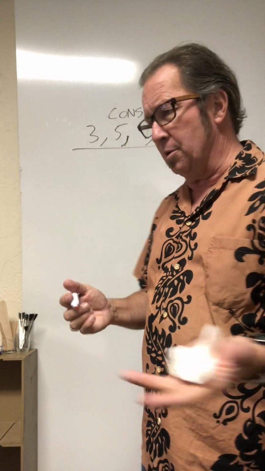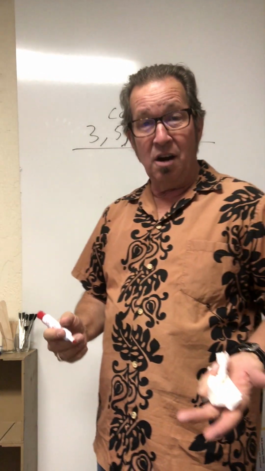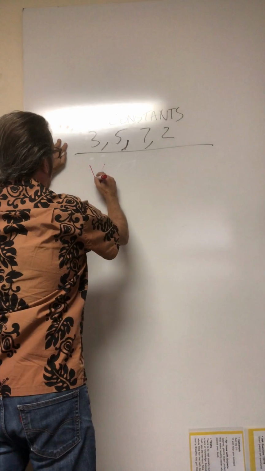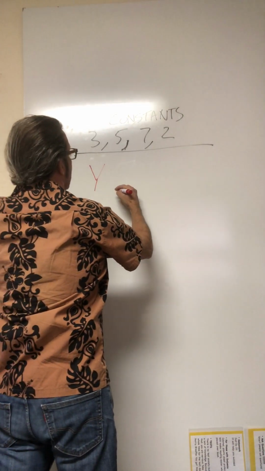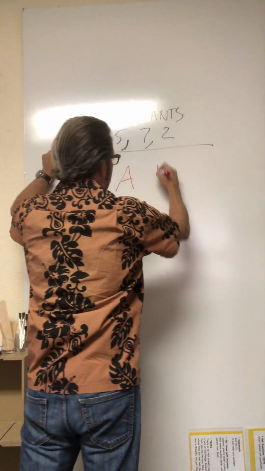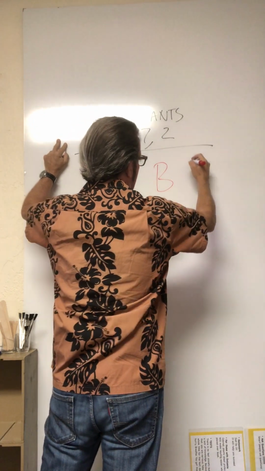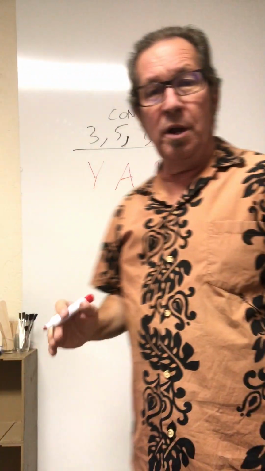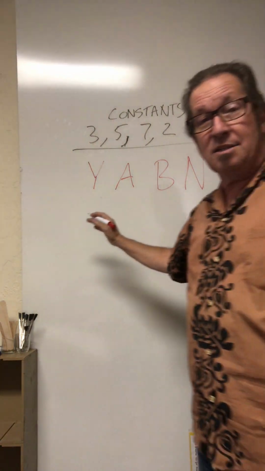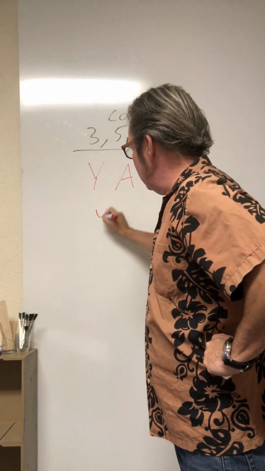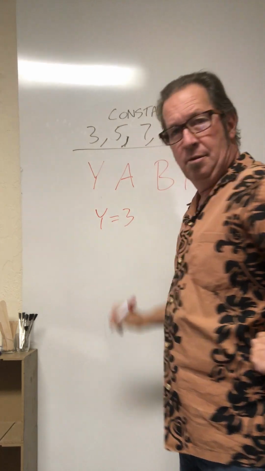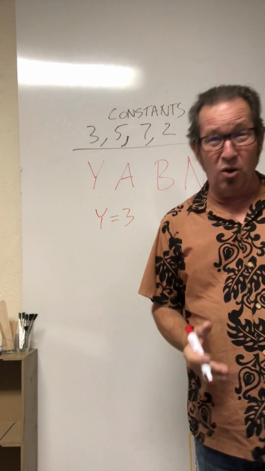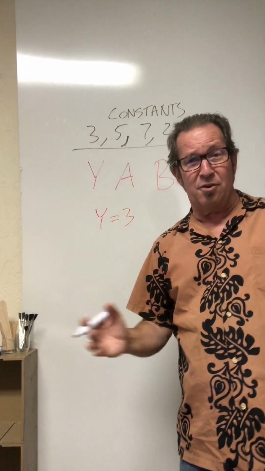Okay, so we have these things that are variables, and letters are usually called variables. So we think about it, we have Y, A, B, N, all of those things. And one day we're going to say Y equals 3. Does Y always equal 3 forever and ever?